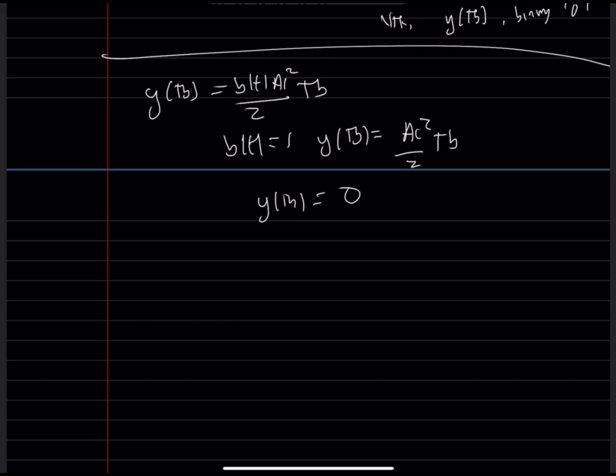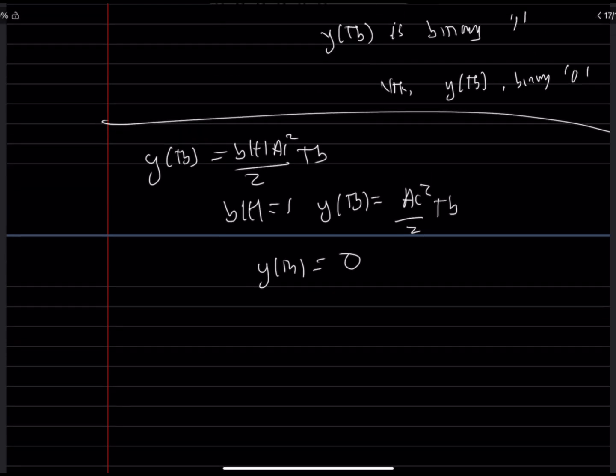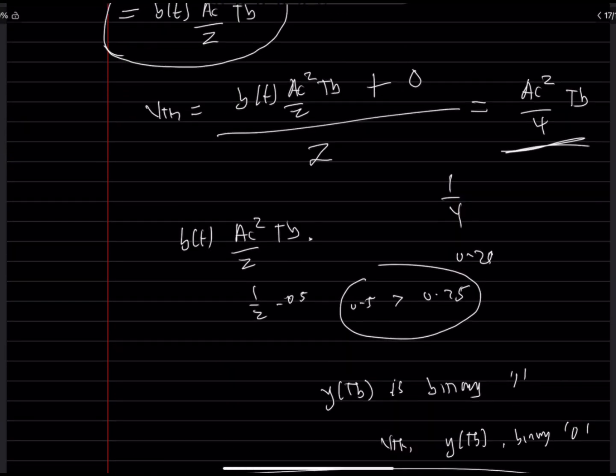In summary, when the received signal s of t has a binary of 1, its corresponding value that we calculated here, which is y of tb, is compared with the threshold value, which is ac squared over 4 tb, of which I showed you how you can get that threshold value.